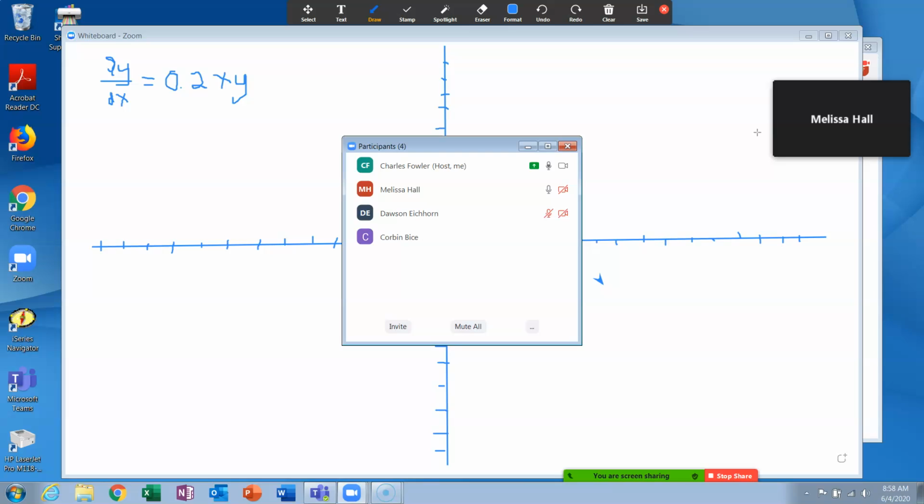First thing I did shortly after 8 o'clock, when the computer came on, I was going to upload last night's class because it was still loading when I quit and went down to eat supper, because the class got over at 6:15, and then I set up the Zoom for today and had a few other things to do. Oh well, let's see. Corbin's got a microphone. Can you hear us yet, Corbin? Yes, sir. Good. Okay, welcome.